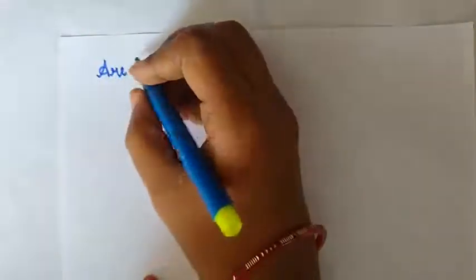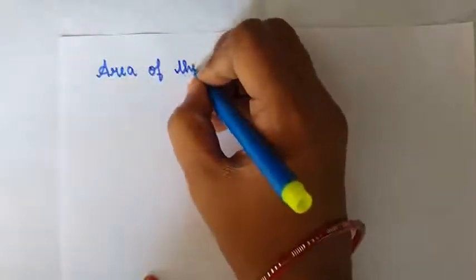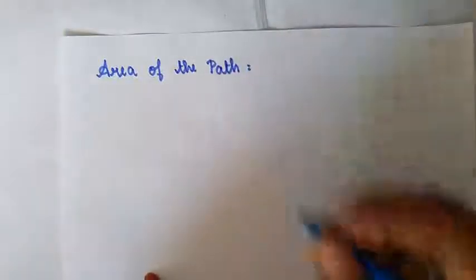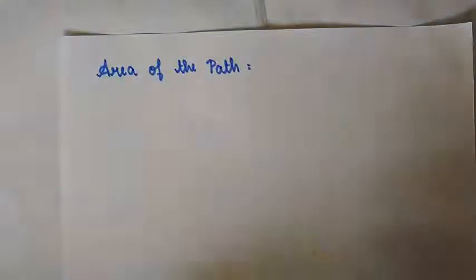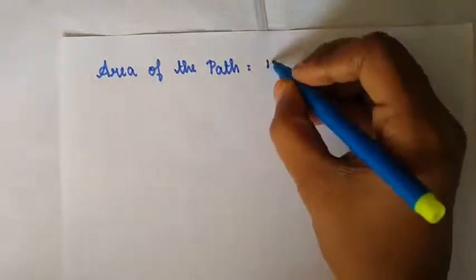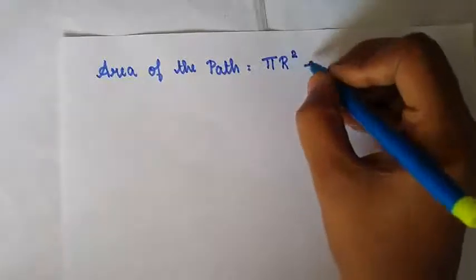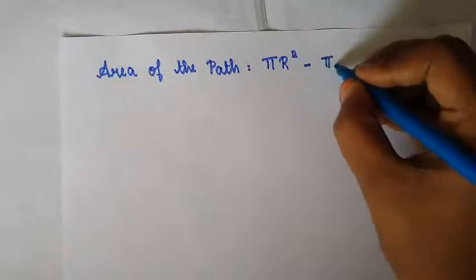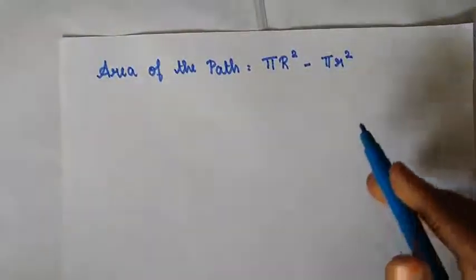Then we have to find the area of the pot. That means area of the bigger circle minus area of the smaller circle. Okay. Area of bigger circle is pi r square minus area of the smaller circle, pi r square.